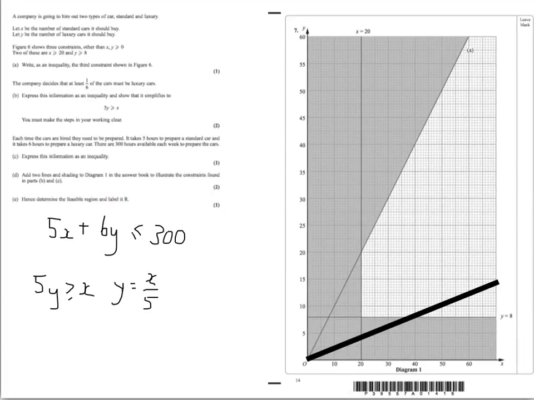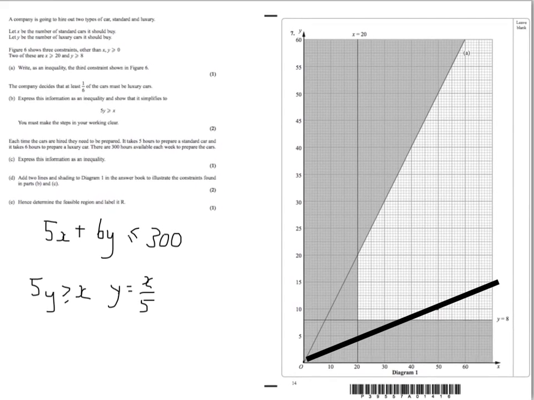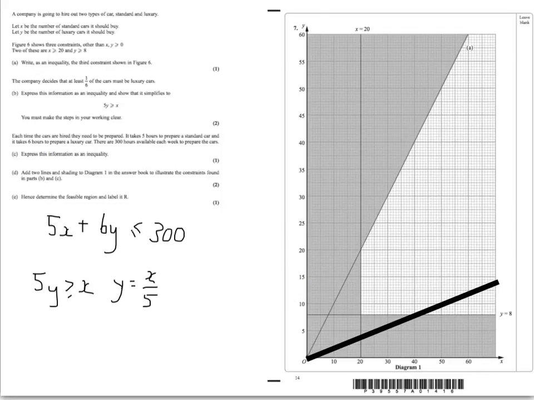The next tricky part is figuring out which side exactly I want to keep and which side I want to reject. To do this, I always like to test a point. Let me test a point like 10, 10. Now that's going to be quite easy to test because they're quite nice round numbers. That's why I've chosen that.